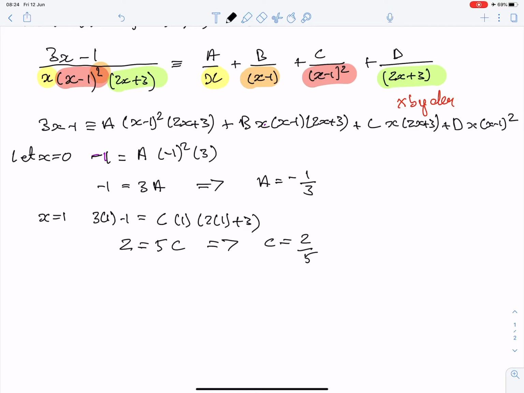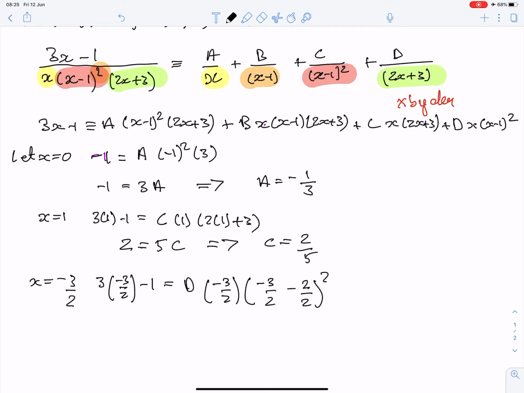What else could we do? Well, I think the next thing we've got to do is let x equal negative 3 over 2, because that will allow this bracket to be 0, this bracket to be 0, this bracket to be 0, and then we'll be able to find D. So let's go. 3 lots of negative 3 over 2 minus 1 equals 0A plus 0B plus 0C plus D times negative 3 over 2 times (negative 3 over 2 minus 1) squared.